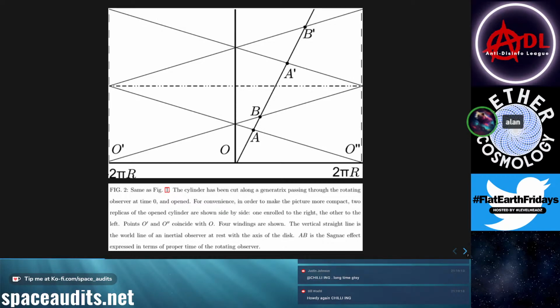So his timeline is deviating from the stationary observer's timeline based on the 2 pi r. So this is the angular distribution, the distribution of rotation based on the area of the device. And then what they do to explain it is they have to put in a stationary observer in the center of the device. So this is your boy O, and then the deviation is from their rotating position. That's how they invoke it.